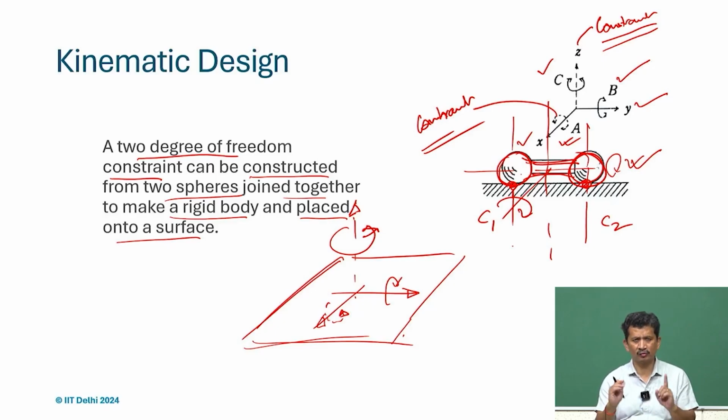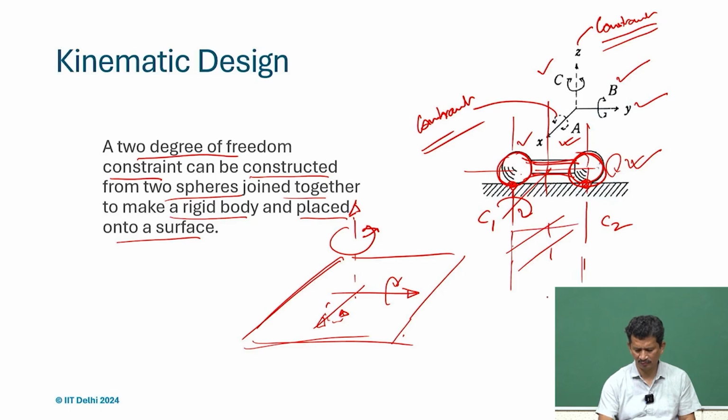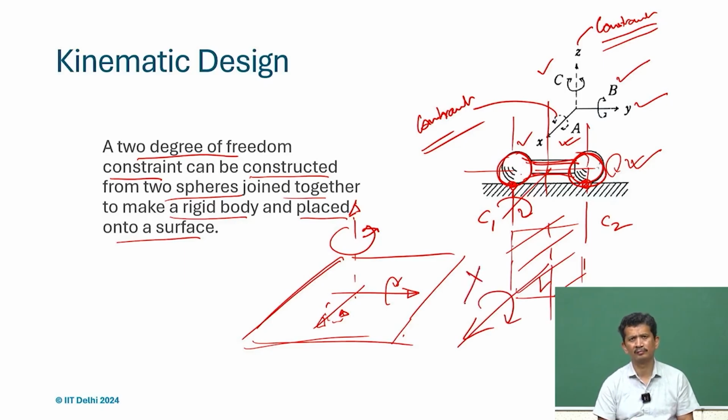If we just take those two constraint lines C1 and C2 and make a plane out of it, then if we try to rotate the object along that axis perpendicular to that plane, so it is a constraint plane in a way. This is not possible.